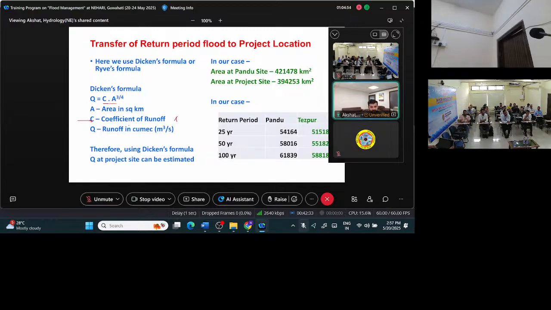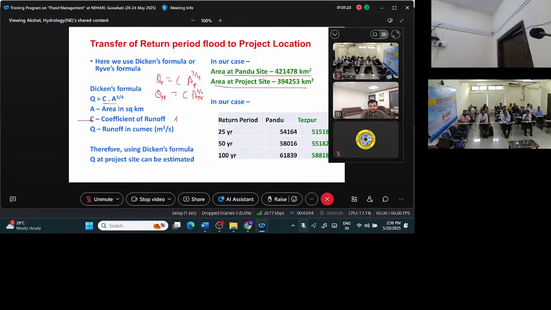So what we do is, consider we have flow at Pandu, Q is equal to C into A to power 3 by 4. We have area at Pandu site, catchment area at Pandu site. We have catchment area at project site, Q at project site, which is equal to again C into area of project to the power 3 by 4.